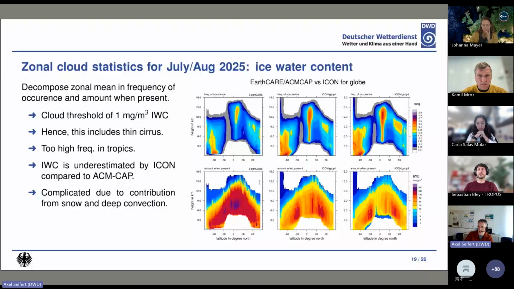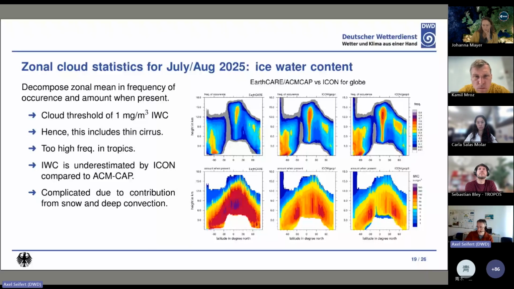So what you see is basically a latitude versus height cross section, and here a frequency of occurrence of ice cloud, quantified by an ice water content threshold of 1 milligram per cubic meter. You see the typical picture with the tropics, lower frequency in the subtropics, and then we see the mid-latitudes.